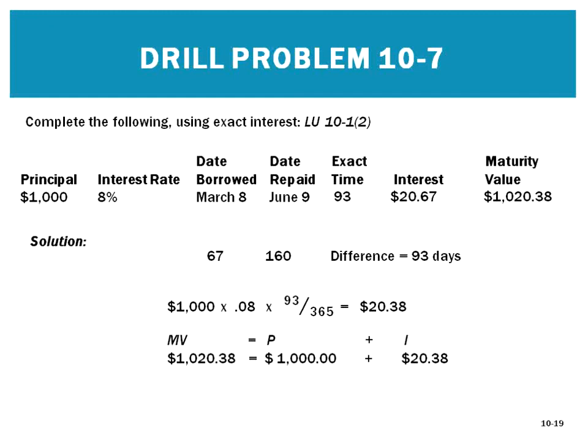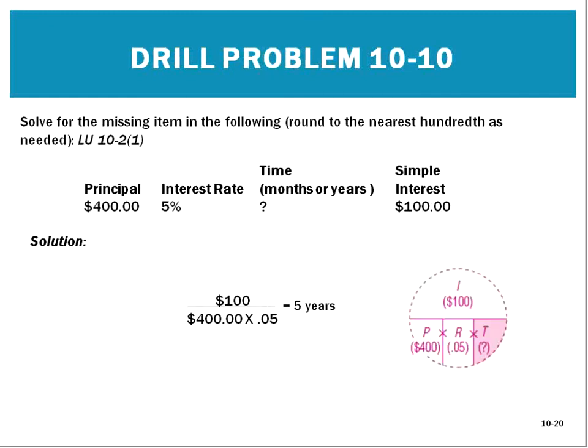The only thing that changes is instead of 1,000 times 0.08 times 93 over 360, it's 1,000 times 0.08 times 93 divided by 365, which is $20.38. Again, maturity value is equal to your principal plus your interest, which is 1,000 plus $20.38, which is $1,020.38.